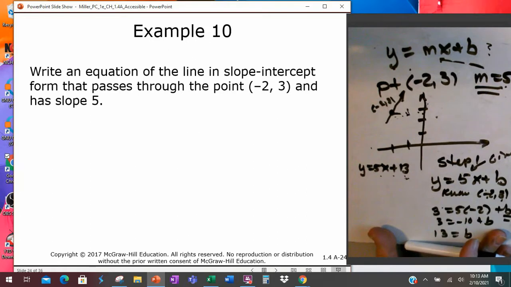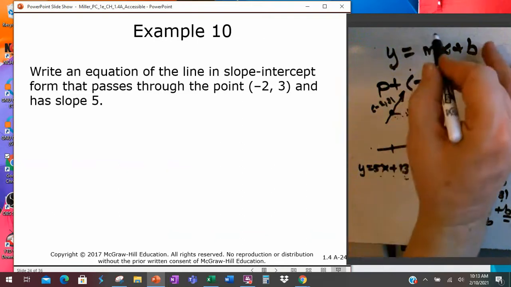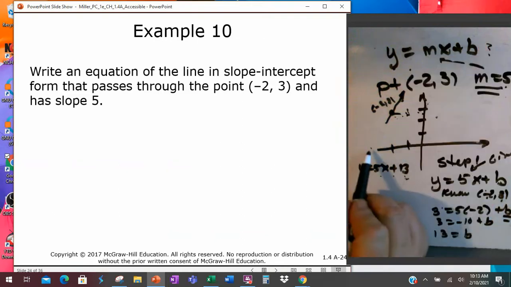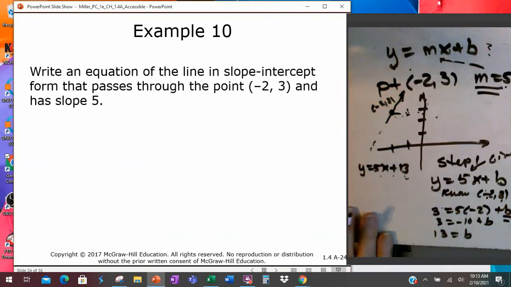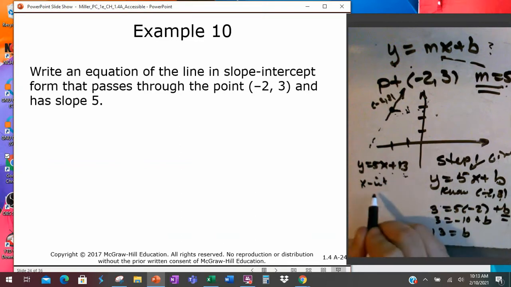Okay. So for my little quick sketch, I got to go up to 13 here. I can also go back this way and do my x-intercept. So let's do the x-intercept instead. I'm going to set my y equal to 0 and solve for x, okay? So 0 is equal to 5x plus 13.